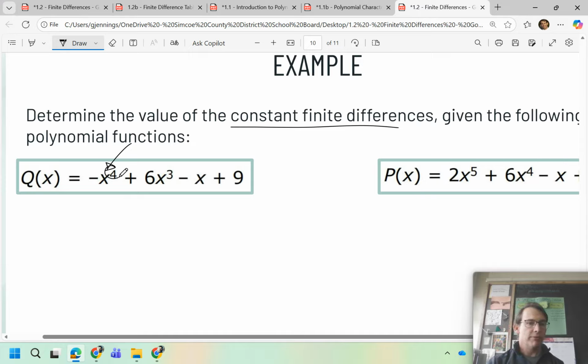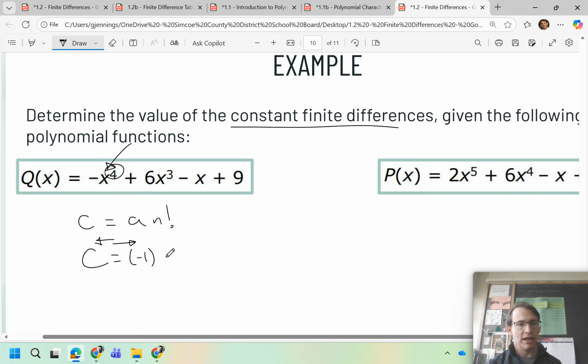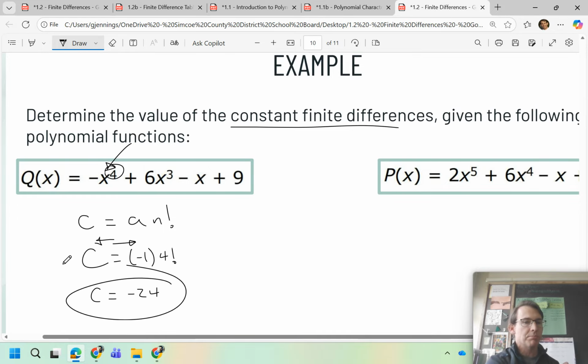We are degree 4, so we would say c equals a n factorial. Our unknown is c, so we have all our knowns on this side. A is minus 1, and n is 4. And 4 factorial, so c is going to be minus 24. We've already seen this one in table form, but now we're seeing an equation form.